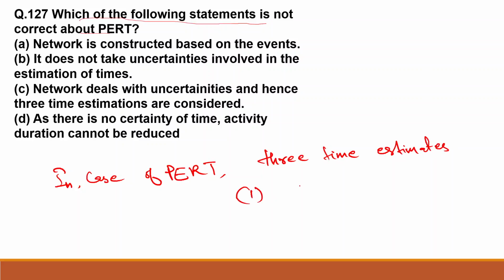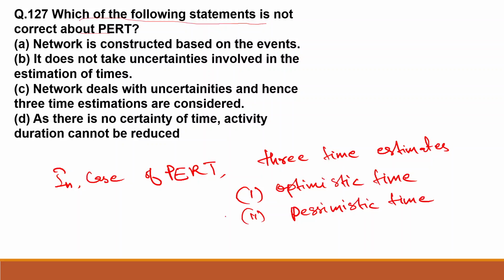First point is optimistic time, and the next is pessimistic time, and the third point is most likely time.